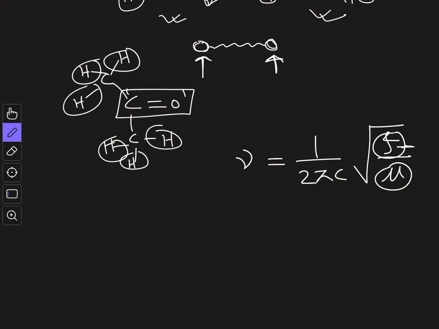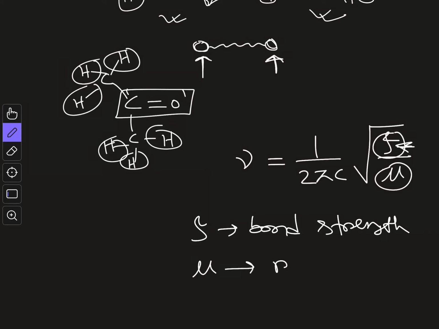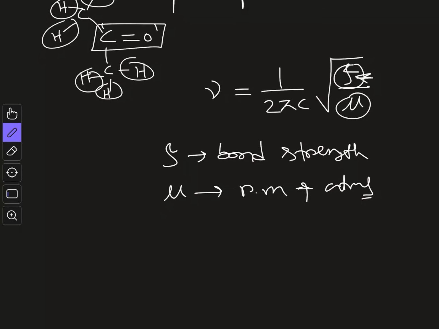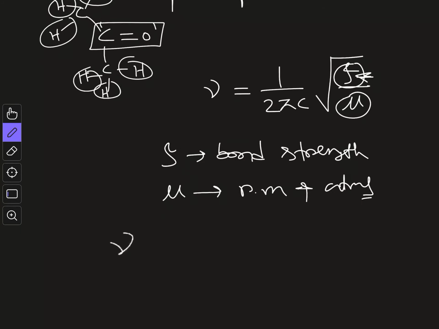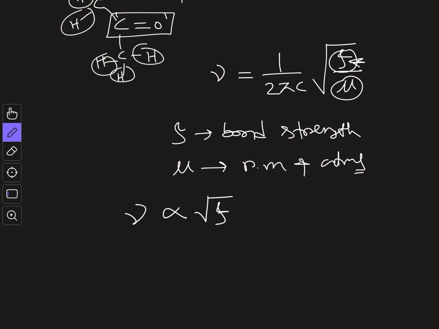This force constant is roughly equal to the bond energy or bond strength, and this mu is the reduced mass of atoms which are there in the bond, right? So from this equation we can say that stretching frequency is proportional to the root over of f, that is root over of bond strength, or roughly we can say that the stretching frequency is proportional to the bond strength.